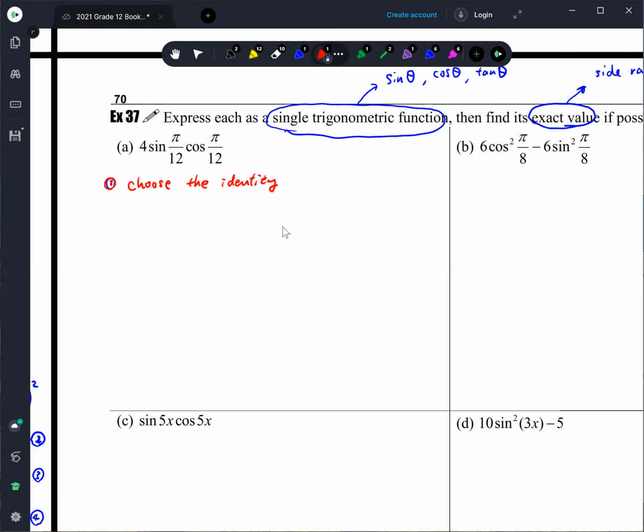Which one looks the closest to this question? If you have a candidate, please raise your hand. Is it the sine double or the cosine double?